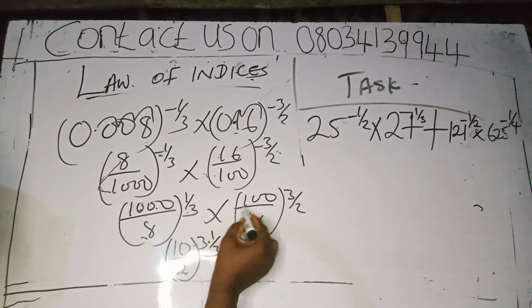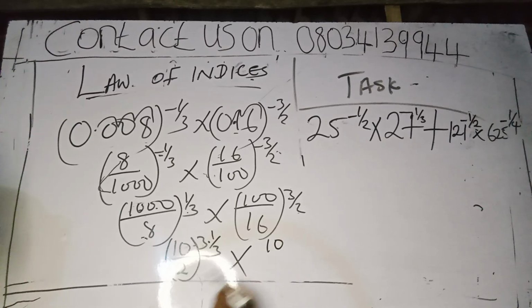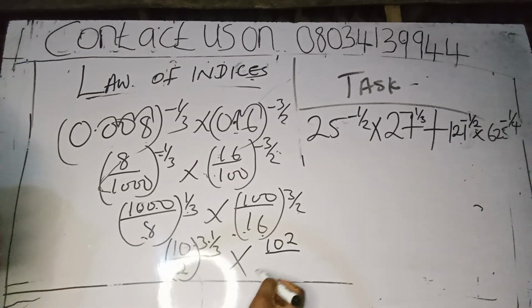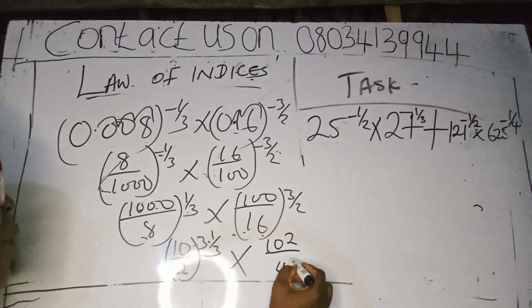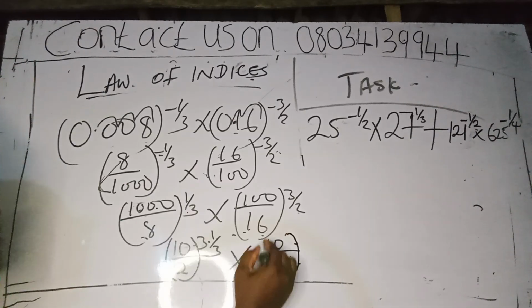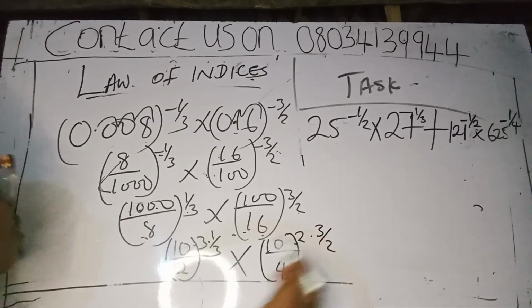Then times, this is the same as 10 raised to the power of 2 divided by, 16 is the same thing as 4 raised to the power of 2, which I can raise as a single power 2, still times 3 over 2.